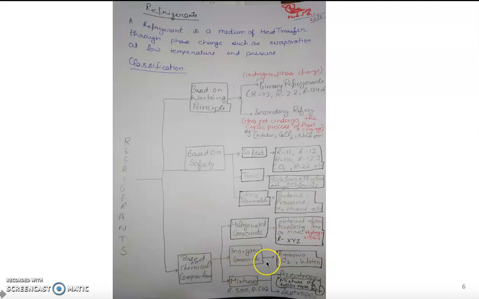Second category is the inorganic compounds, like ammonia, NH3, carbon dioxide, water. And the third ones are the mixtures, which we will go over at the last stage. Mixtures are like R500, R502. They are basically a mixture of two or more refrigerants, and they are azeotropes and zeotropes.